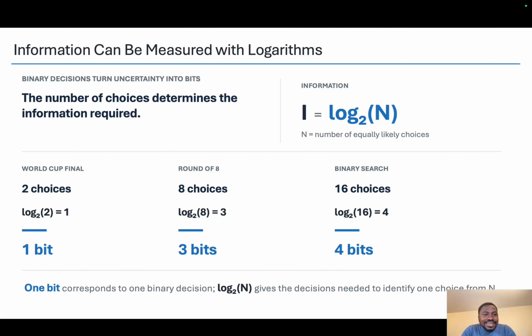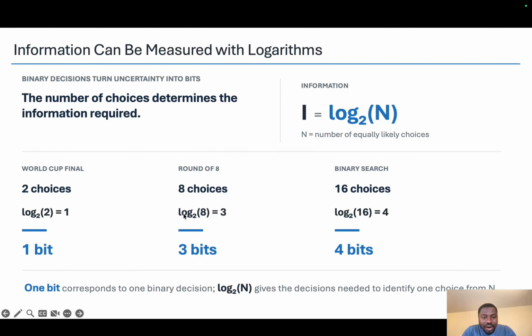And this is very interesting because across all of these choices, there is a simple formula you can use to decide the information content. The information content is the number of binary decisions you need to make to get to the outcome you want. At the World Cup final, we have two choices. If you take the log to base two, base two giving us a binary choice, of the two teams, you get one bit.